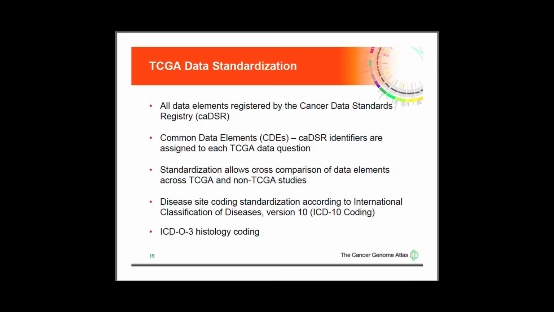To support that group, we are trying to standardize the clinical data as much as you can with clinical data. We also do some ICD coding, both by the site and also histology coding.